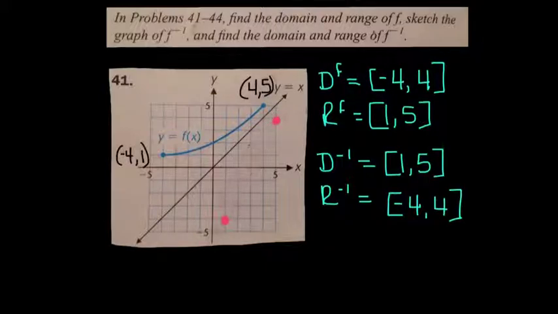I can also use the idea of symmetry. I know that the line y equals x acts as a line of symmetry for a function and its inverse. So if I use that idea, I can connect those two points to get a fairly decent sketch of my inverse function.